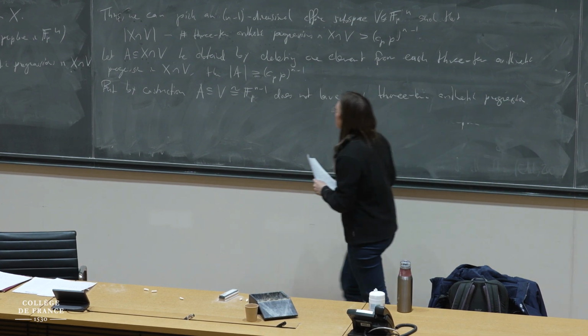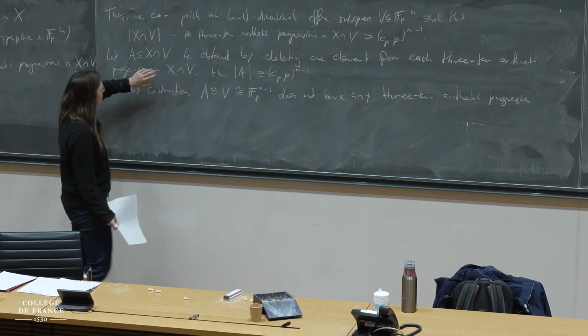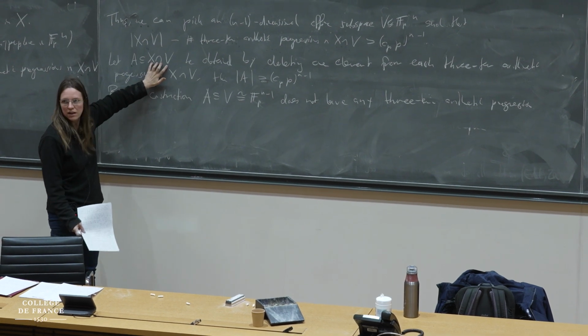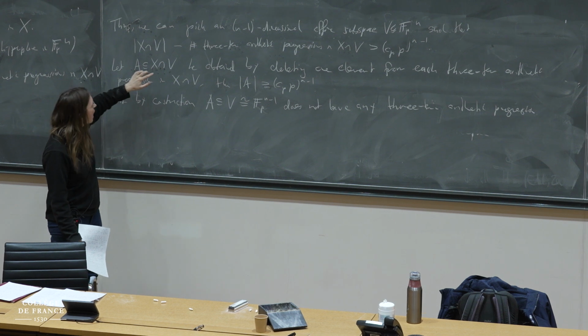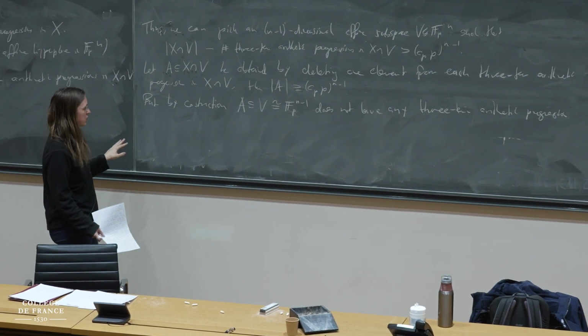Right, because we started with this set, and for every three-term progression, we deleted a point. So in this leftover set A, there's no three-term arithmetic progression left.